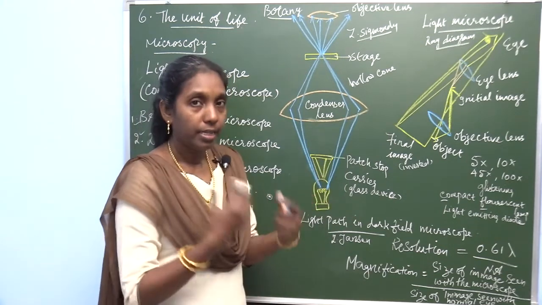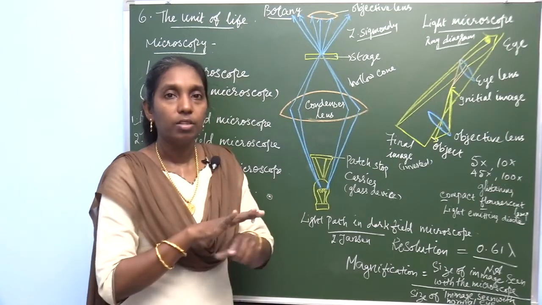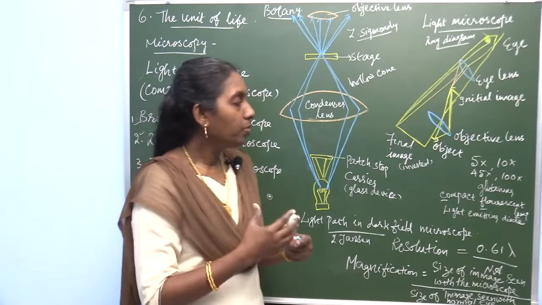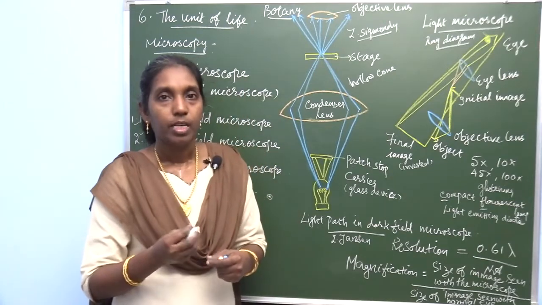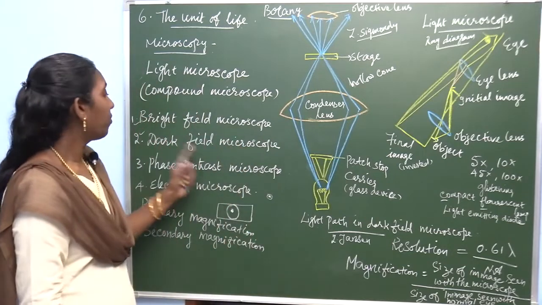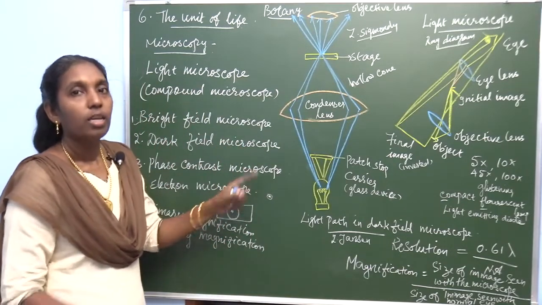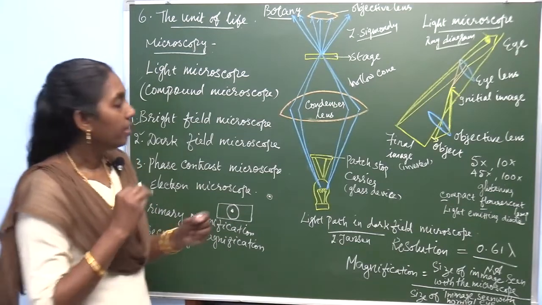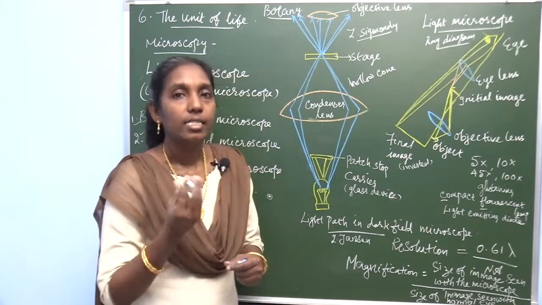In this microscope, the field is dark, but the object is glistening. The name of the microscope is dark field microscope. Here the field is dark, and in the dark, the object is glistening.